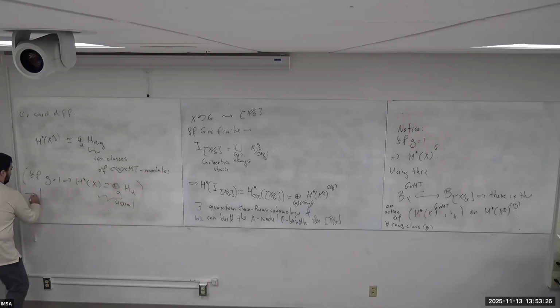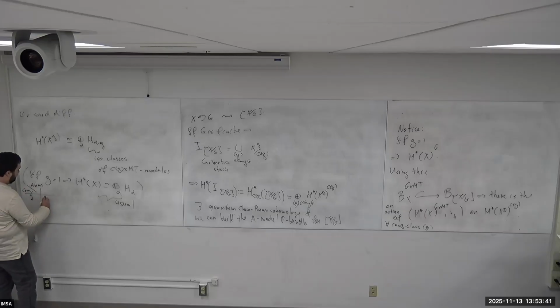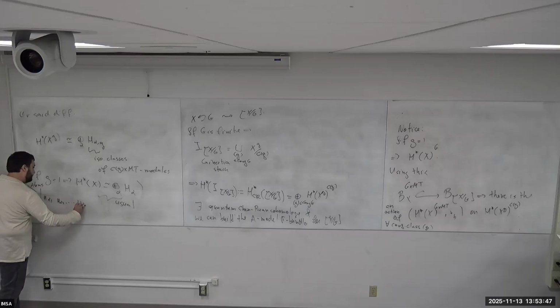So what you can do is to list atoms and conjugacy classes. Then you pick the conjugacy class of the unit element, and you just have H of 1, then H of 2, and so on.